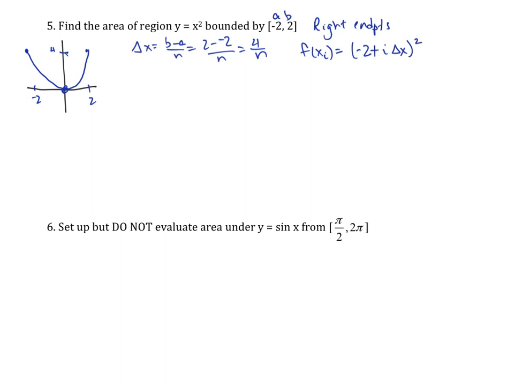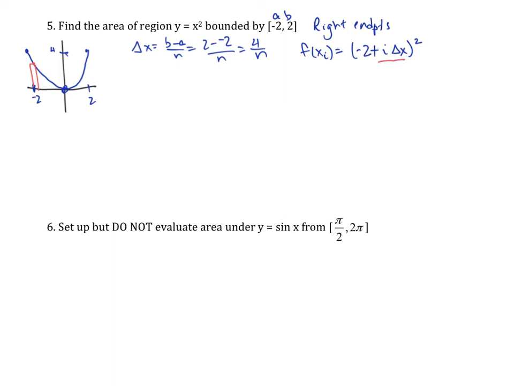Now let me explain that to you over here. I went negative 2 right here plus my i if I did the right endpoint. So that would put me right here somewhere, and that would be my first rectangle, for example. So that's why it's negative 2 plus whatever iteration for each rectangle you made.